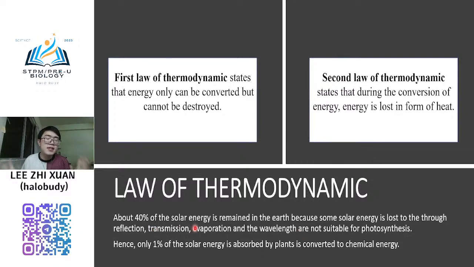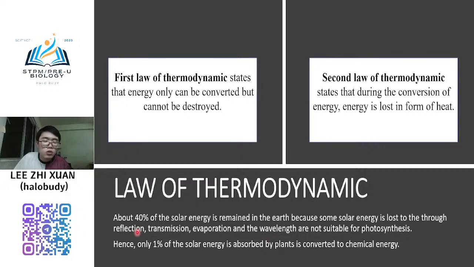If let's say the sun has 100 billion kilojoule of energy that can be transmitted to the earth, our earth can only obtain 40 billion kilojoule of energy. The other 60% will be lost.